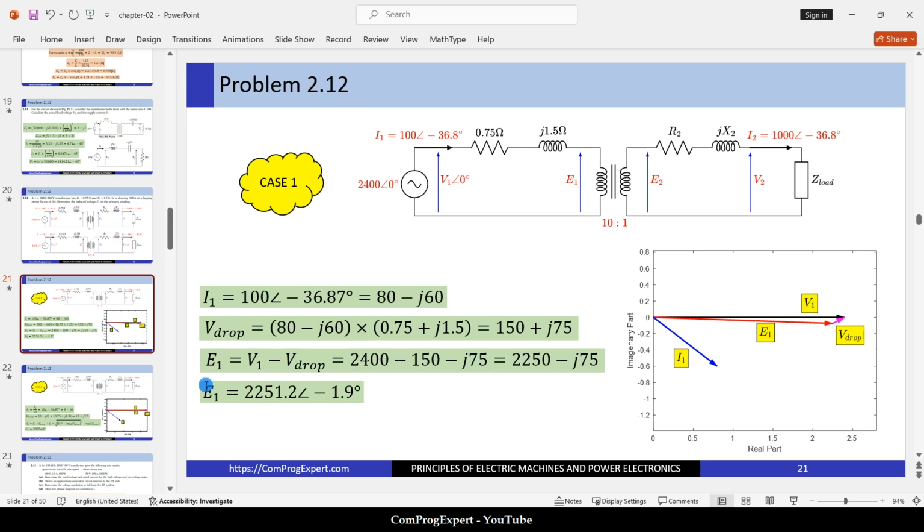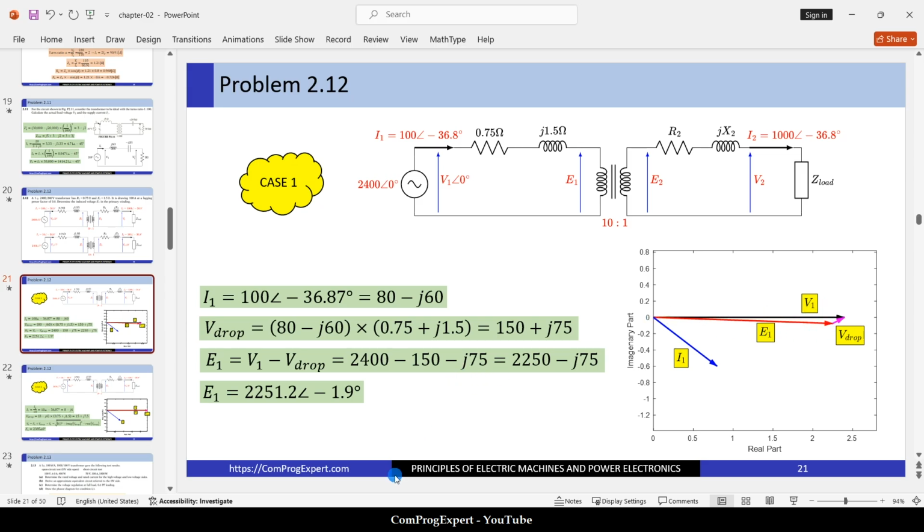The amplitude of E1 is 2251, and its angle is negative 1.9 degrees. Here is the vector diagram. In this case, you can see the I1 phasor, the E1, V1, and this is the voltage drop.